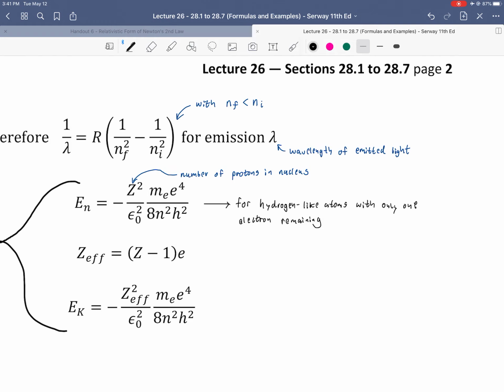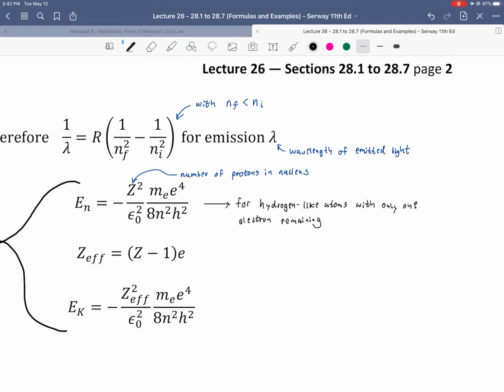Limited utility, because good luck finding something like oxygen that has been so thoroughly ionized it's just got one electron left. You could sort of pathologically come up with that as an example, but it becomes a bit of a corner case. So really it's going to be useful for those lighter elements that are closer to hydrogen.